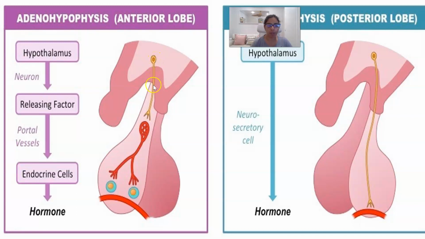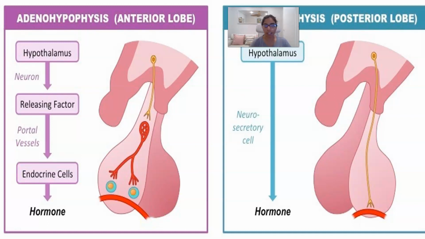This will travel down the axon fiber and through the infundibulum, and it will eventually communicate that information to release more hormone to the endocrine tissue in the anterior pituitary gland. Once that signal has been sent and the anterior pituitary gland secretes more of its hormone, it will then allow that hormone to be released into the bloodstream where it can go to its target organ.